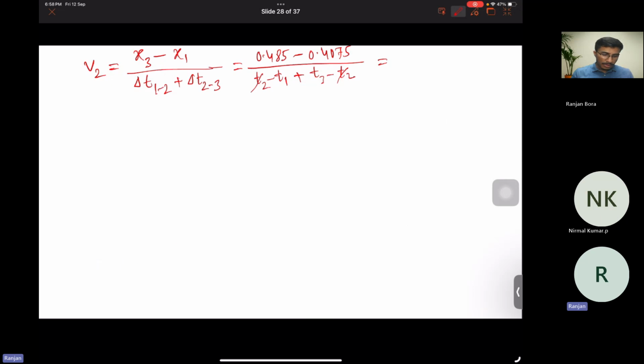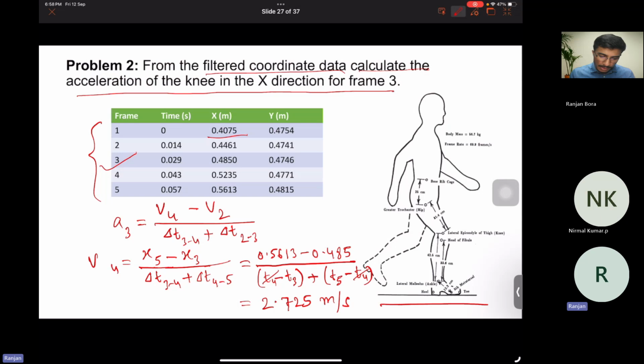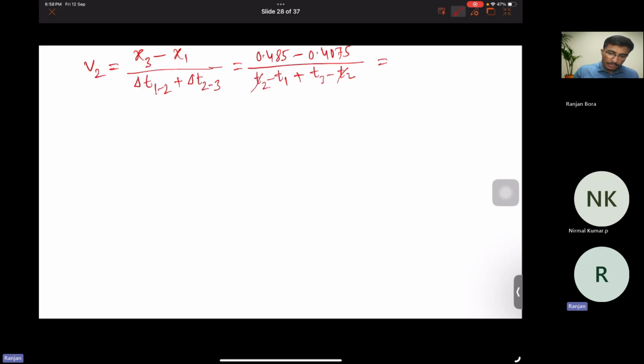If we substitute T3 and T1, what do we get? What is T3? 0.029 minus T1, which is 0. So we'll get 2.672 meter per second.